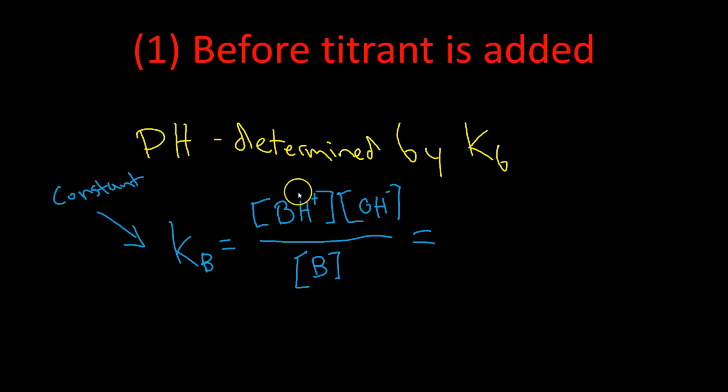To simplify, we can say that this is X and this is X, because these are equivalent, and this is the formal concentration minus X. So this whole thing can be simplified as X squared over F minus X, where X is equal to your hydroxide concentration.